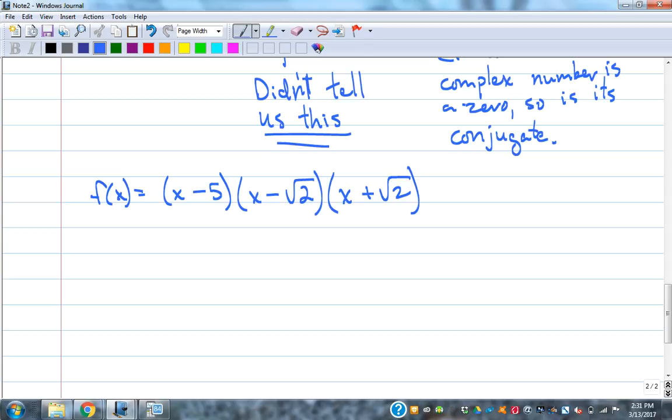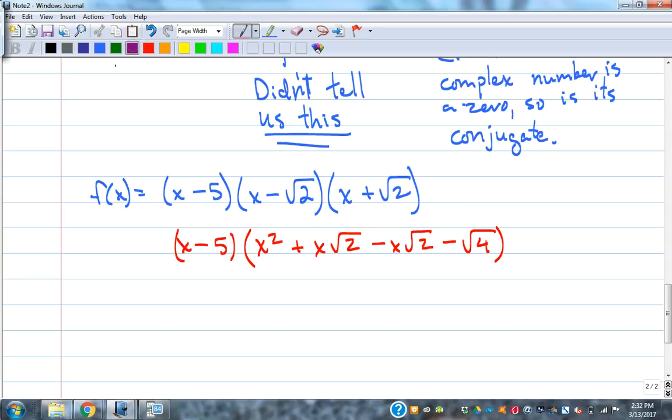X times x is x squared, plus x radical 2 minus x radical 2 minus the square root of what? What happens when you multiply radical 2 times radical 2? I get radical 4, right? I still got the x minus 5 waiting to do his thing. What happens in here? They cancel out. The middle pieces cancel out. If you've got a square root still in your problem after you multiply them together, you didn't do it right.